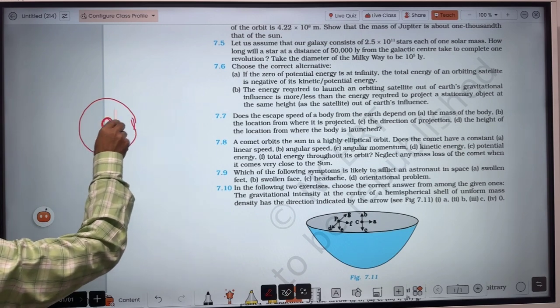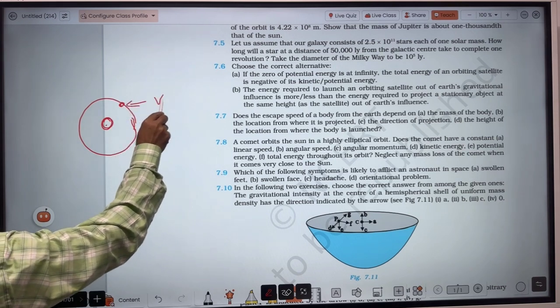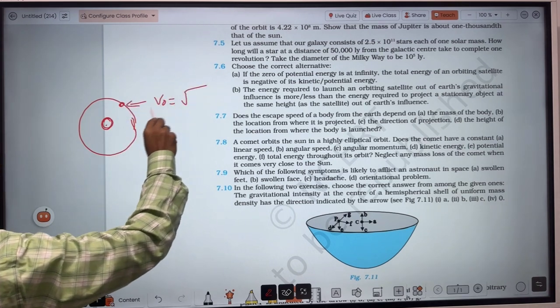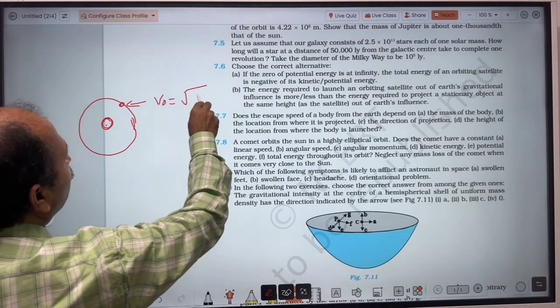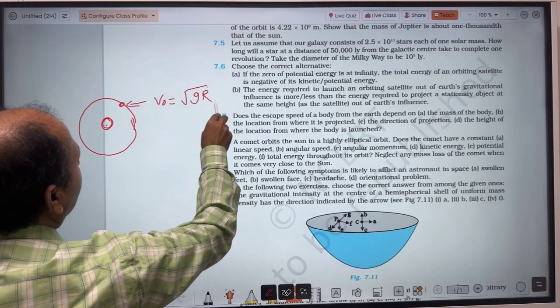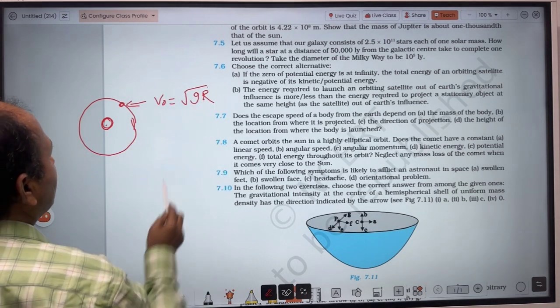Suppose this is Earth, and here there is a satellite. This satellite has orbital velocity V_o equal to root GM/R, if h is small.